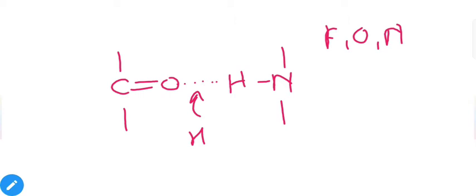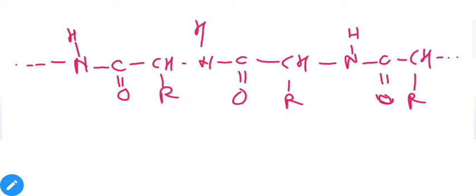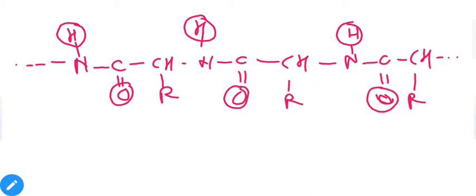And if we place one of these three closer to that hydrogen, then hydrogen bonding is possible. So suppose you have this type of primary structure of a polypeptide or protein, then you can see that we have multiple hydrogens attached with nitrogens and multiple oxygens available.